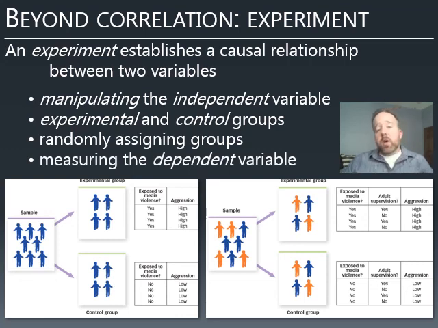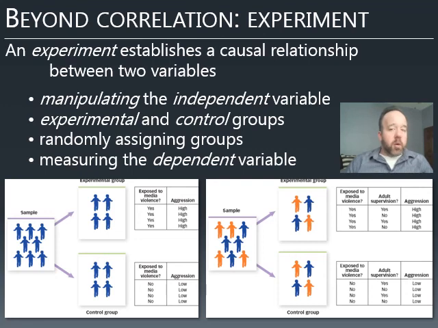And then what you do is you measure the value of the dependent variable between those two groups. So in this case, it's aggressive behavior. That's the dependent variable. You're seeing if you manipulate the independent one, exposure to violent programs, that it even has an effect on the dependent one, aggressive behavior. And now you can really say whether exposure to violent media causes changes in aggressive behavior.